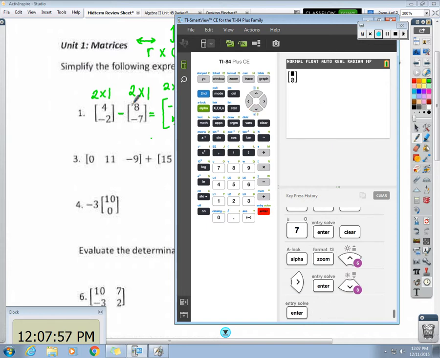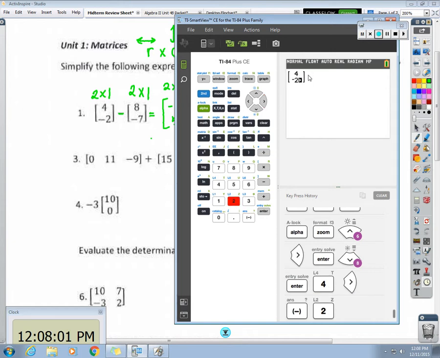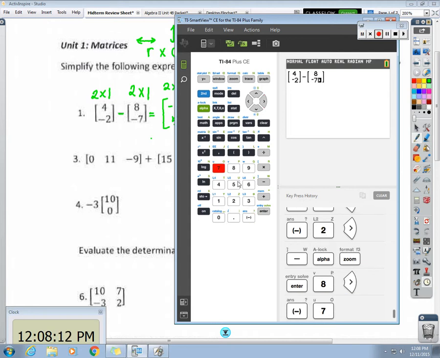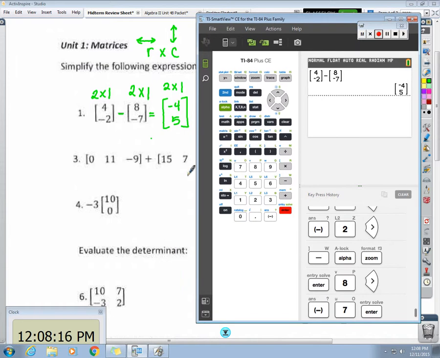It sets it up for you, and then you just have to enter the 2 elements, 4 and negative 2. Then make sure you arrow outside of it before hitting the subtract sign. And now go back to alpha zoom to set up your next 2 by 1 matrix. 8 and negative 7 are its elements. And then when you hit enter, it gives you the exact same answer we got when we did it by hand.